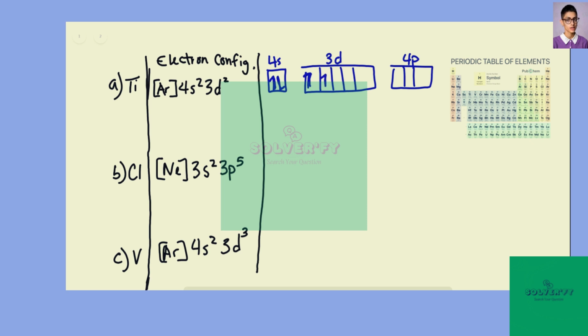So one up and one down. And we still have to follow the rules from the original electron configurations. So we put one up in this orbital, and one up in this orbital, because they're all going to fill an orbital first before they come back and pair off.